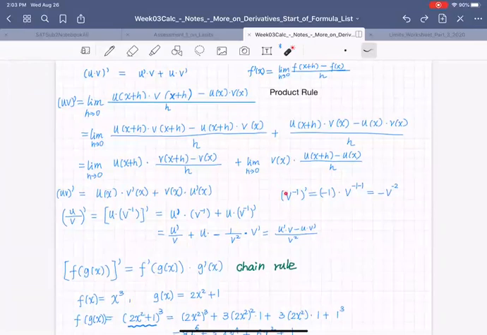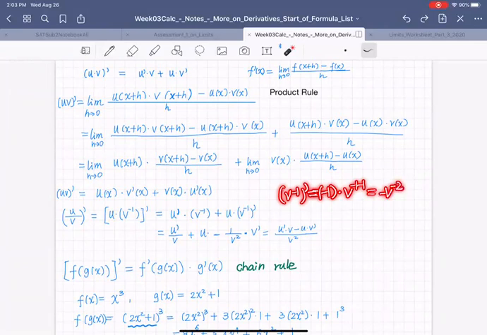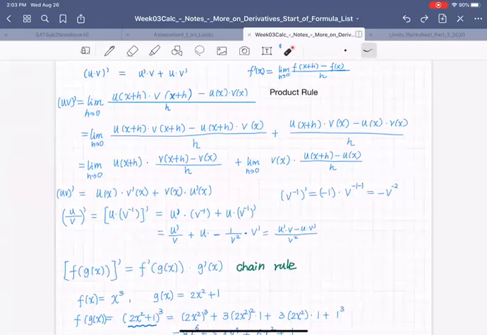V to the power negative 1 derivative is negative 1, you pull it in front, and then you times V to the power negative 1 minus 1. So this is negative V to the power negative 2.